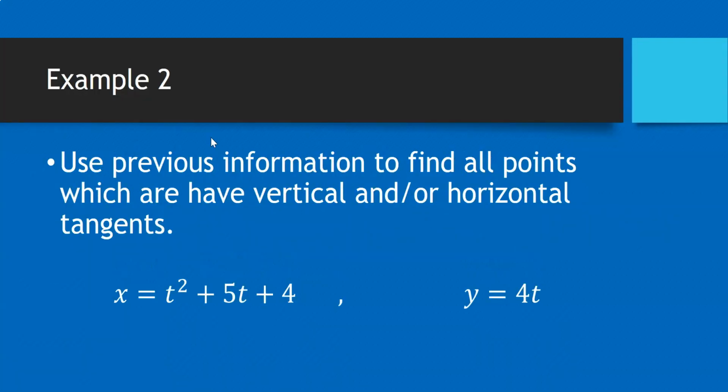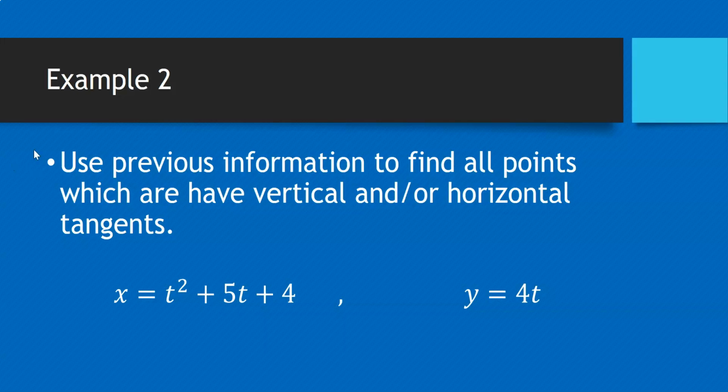All right, so here's what I'd like you to do. Take what we know about derivatives, and with the derivatives that we just found, let's use the information to find anywhere we have vertical tangents or anywhere we have horizontal tangents.